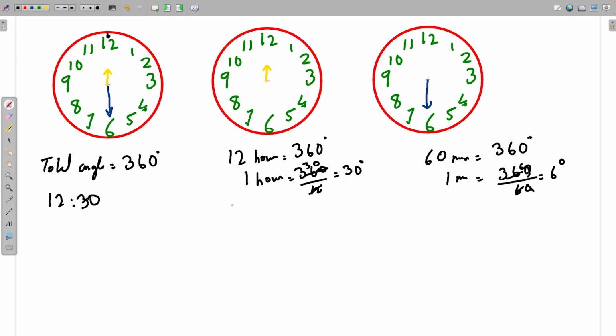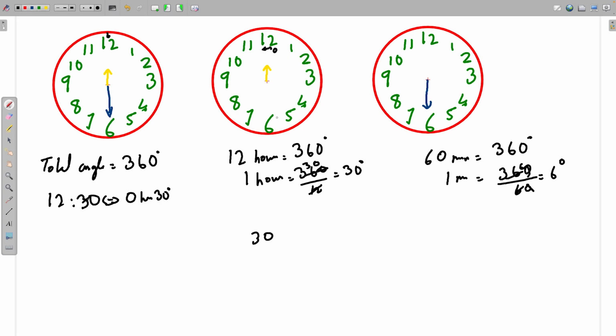Now let's start with this. The time is 12:30, so the hour hand might have moved a little bit. By how much would it have moved? It would have moved for 30 minutes. 12:30 is the time, so what I'm going to write is 0 hours and 30 minutes, because 12 can be considered 0, and then 1, 2, 3 when it starts.